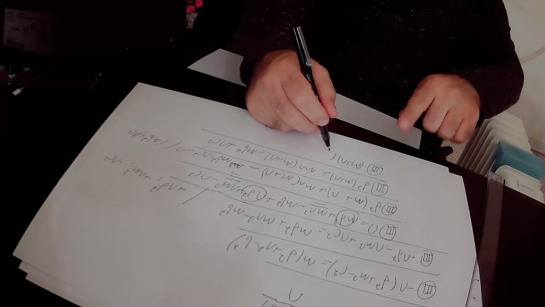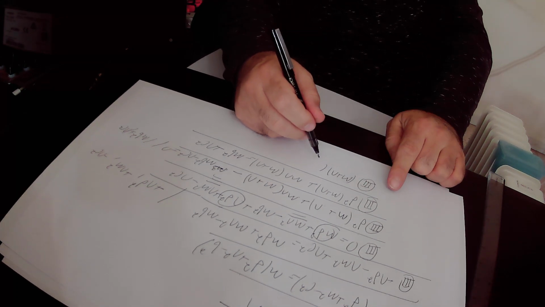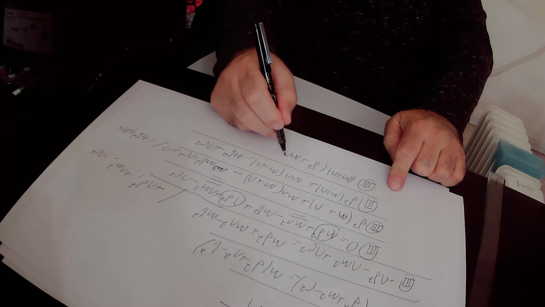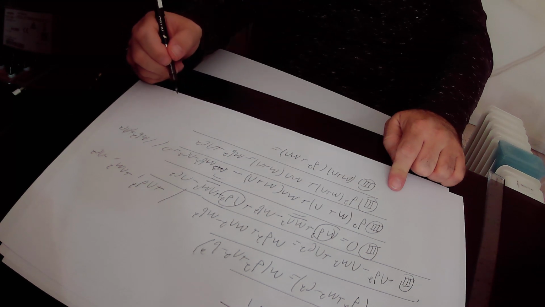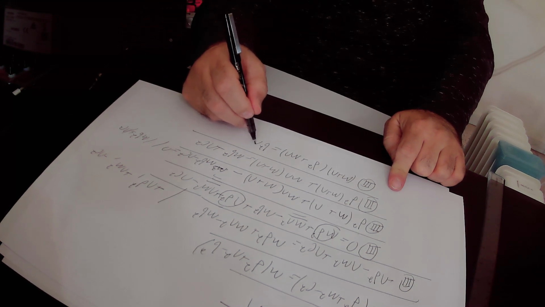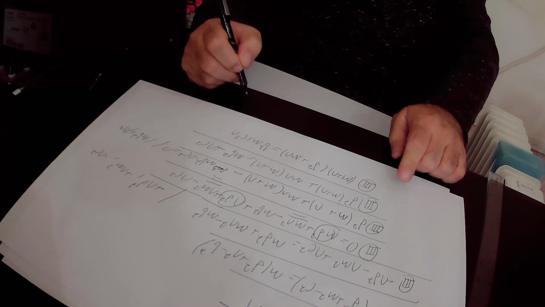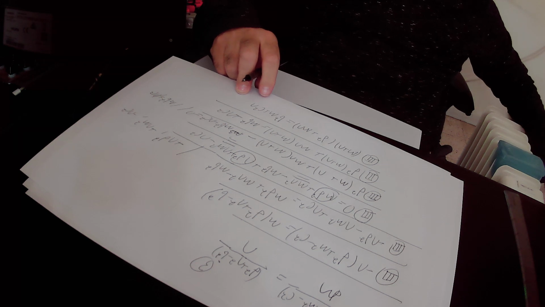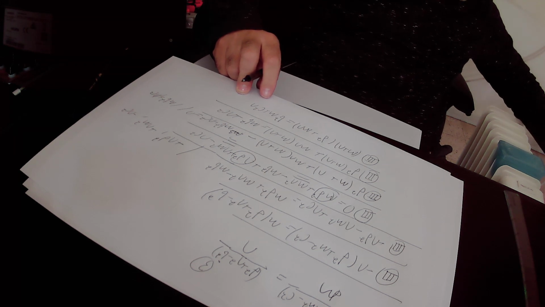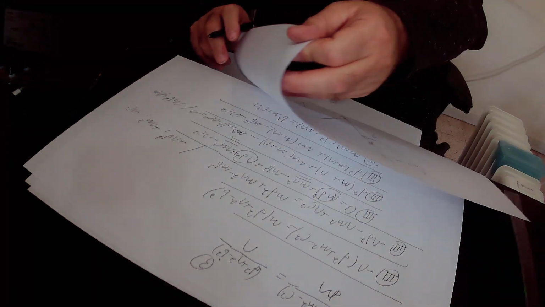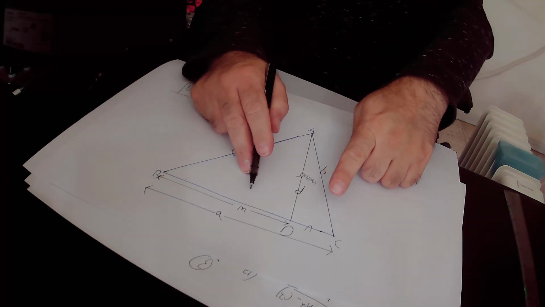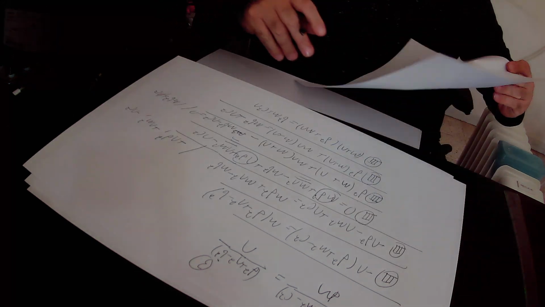Here inside the brackets we left only with d squared, and here inside the brackets we left only with m times n, and it is equal to b squared m plus c squared n. We have already found out that a equals to m plus n, therefore we substitute a by m plus n.